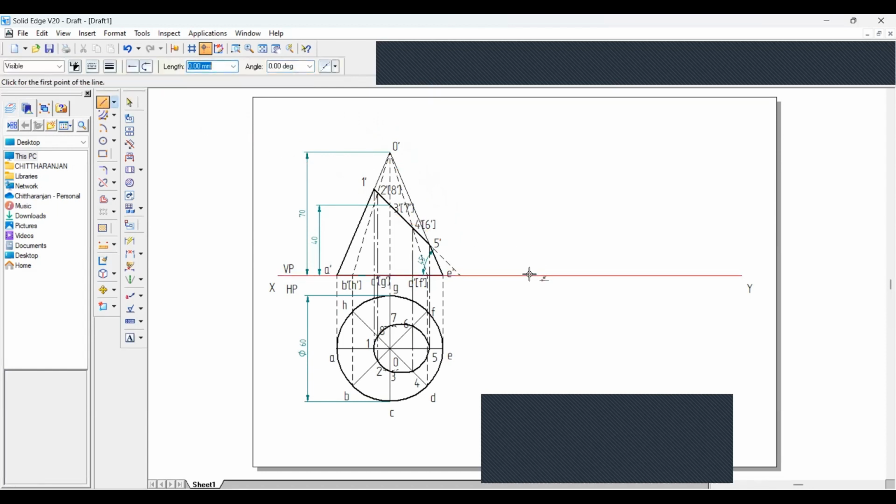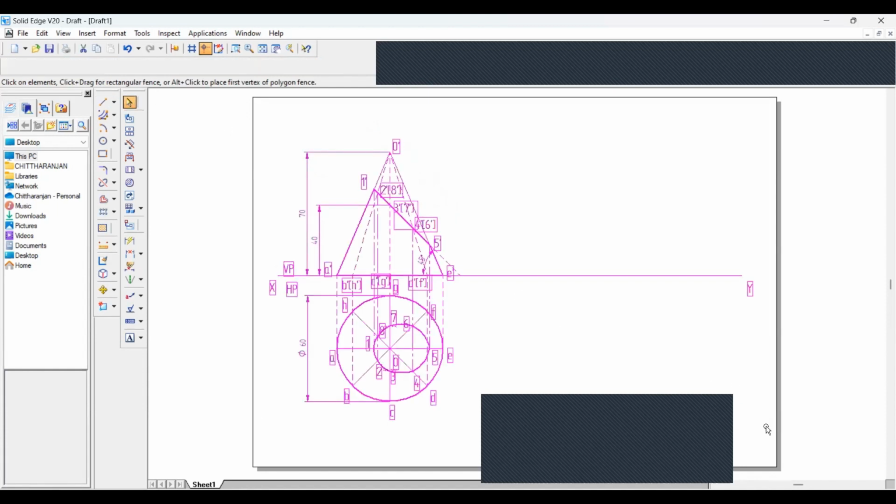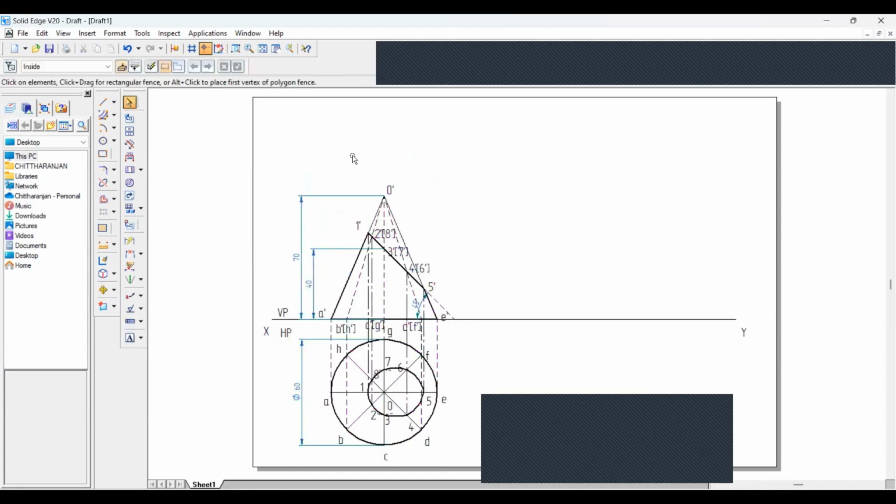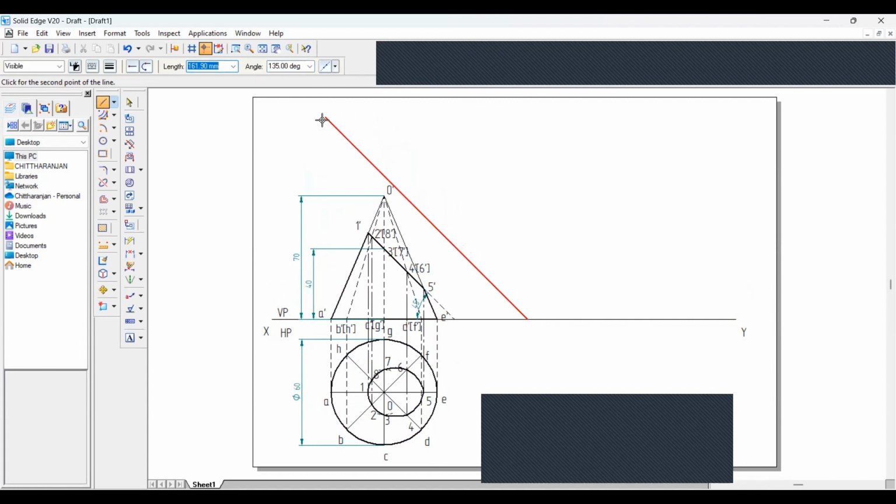Sorry. Move it to the down, because we need more space here to draw that. 135 angle, and according to how much length you need.